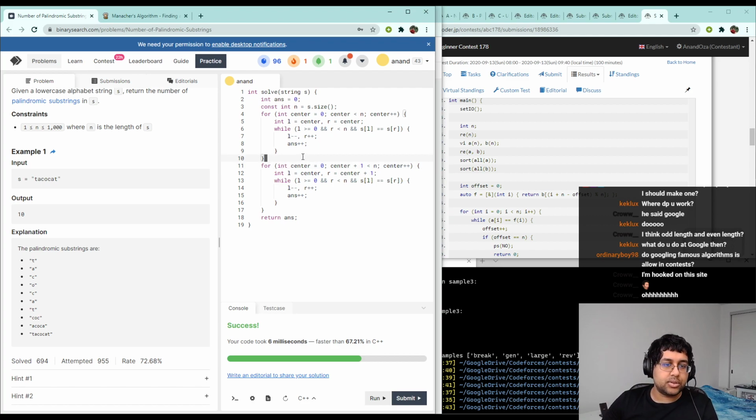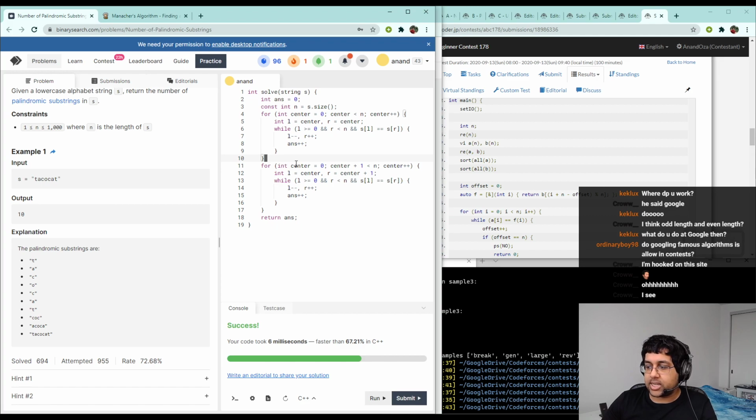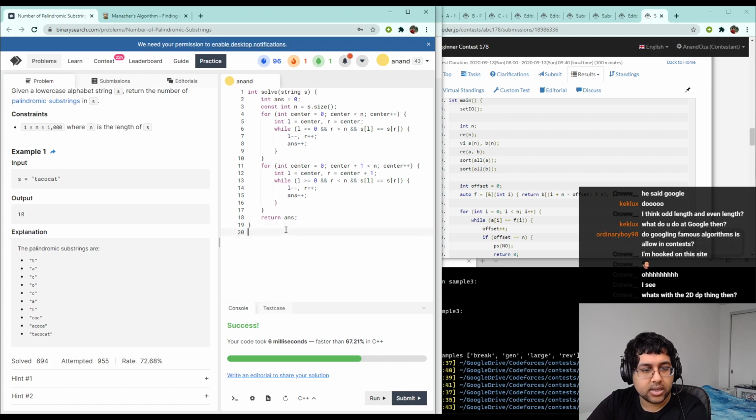The naive solution would be to look at all substrings, which is n squared, and then check each substring in O of n. So that would be an n cubed total solution. But if you have some string like ACOCA, like they had, and you want to check TACOCAT and you know that the middle is already a palindrome, you only need to extend it by one letter in each direction.